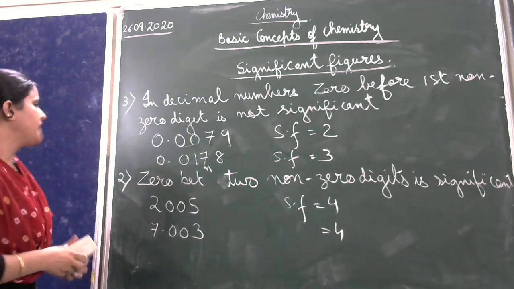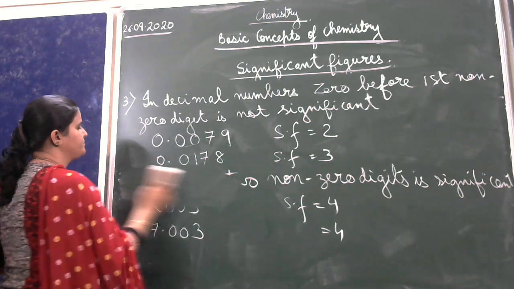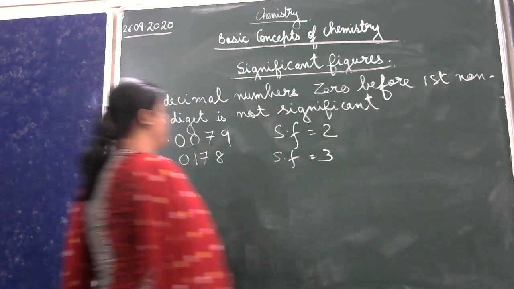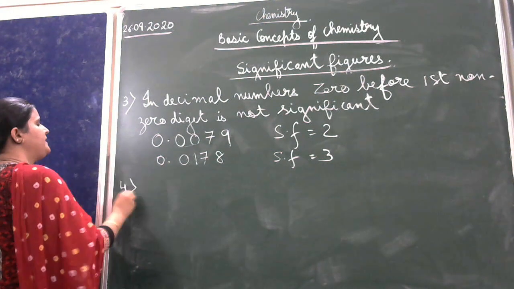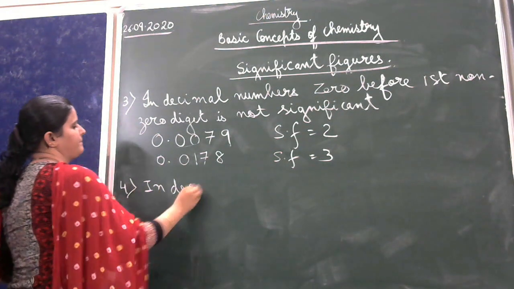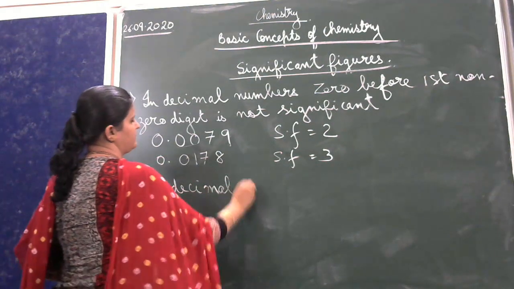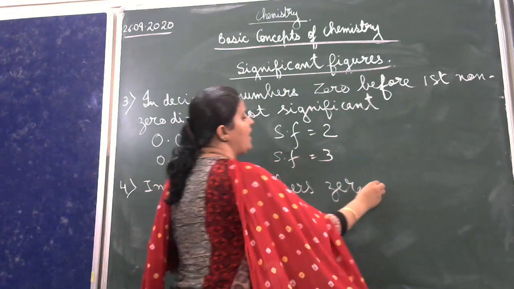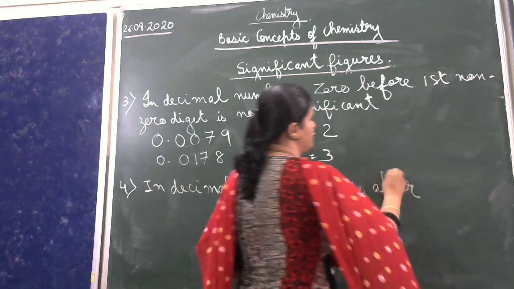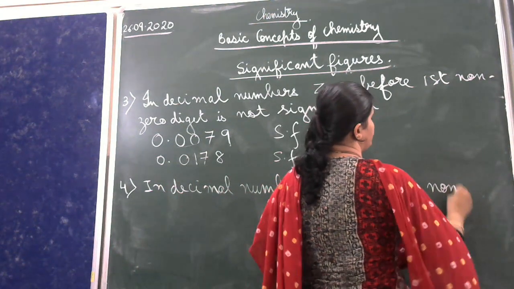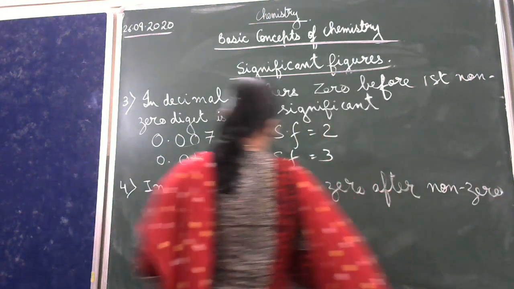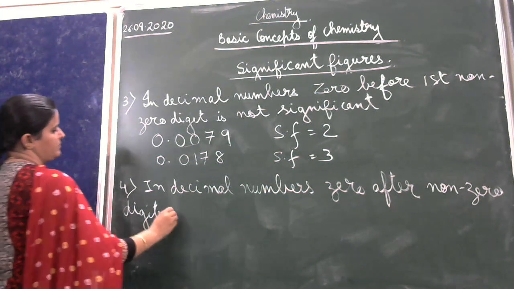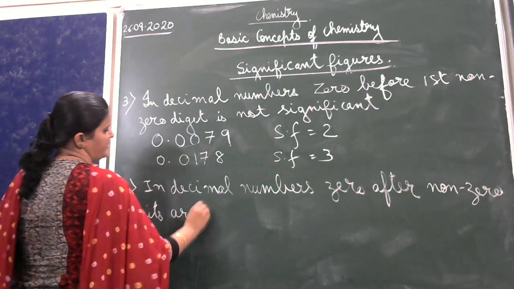Then, fourth rule. What does the fourth rule say? Again, in decimal numbers, zeros after non-zero digits are significant.